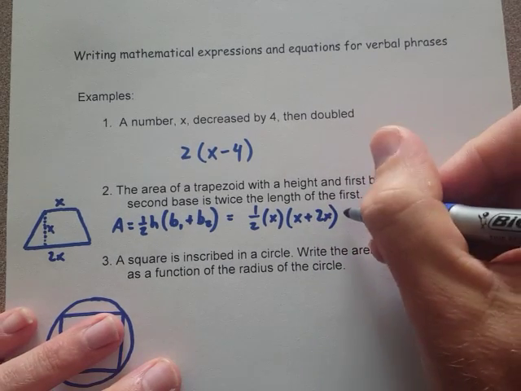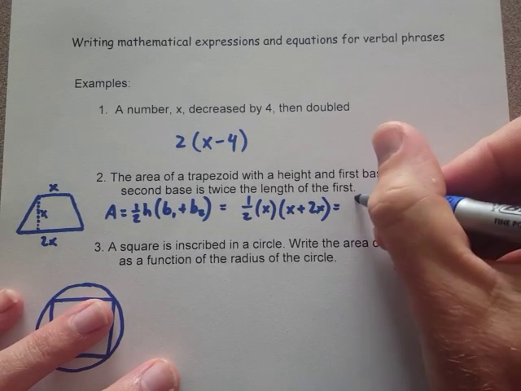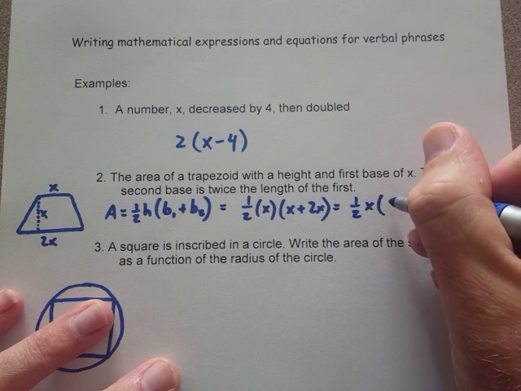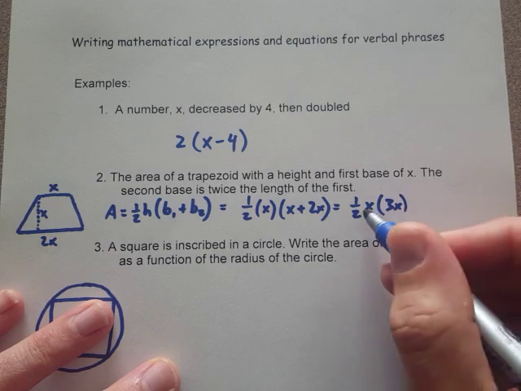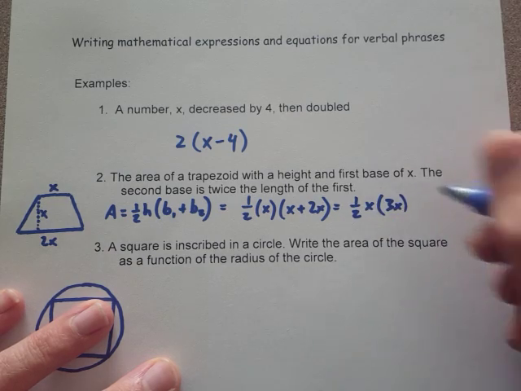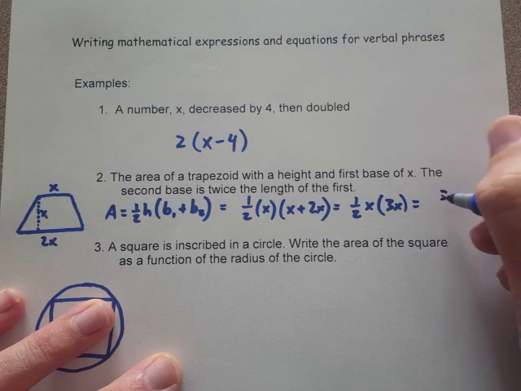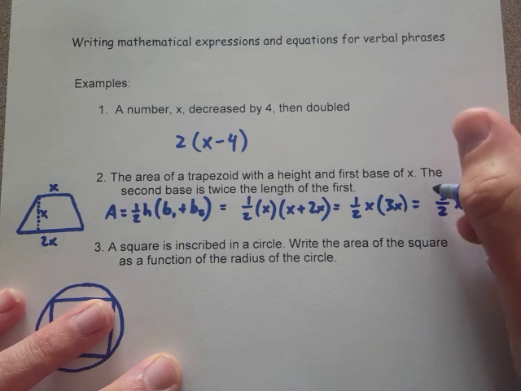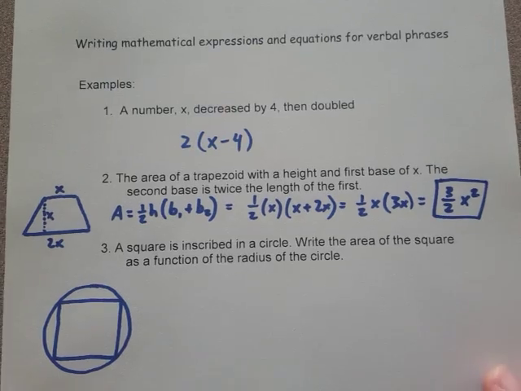And then our job the rest of the way through is just to simplify this expression. So we can add the x's on the inside here. We get 3x. Now we'll multiply x's together, multiply numbers together, and the most simplified form of this expression is going to be 3/2 x squared. All right, that is case number 2.